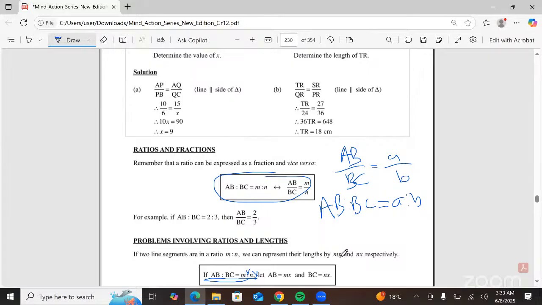Okay, let me try to explain this. Let's say we are given AB here is to BC. For AB the ratio is M, and for BC it's N, right?